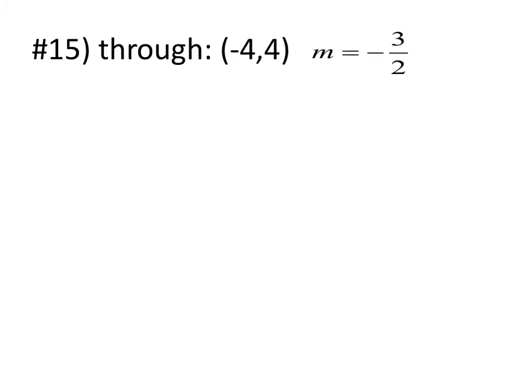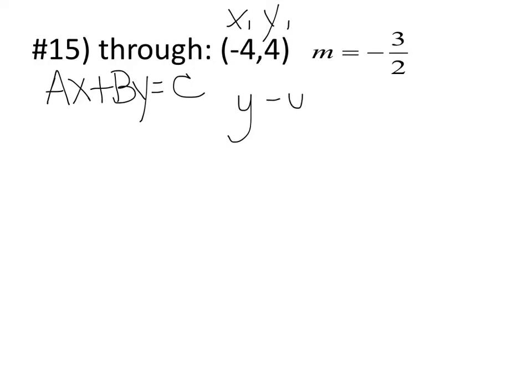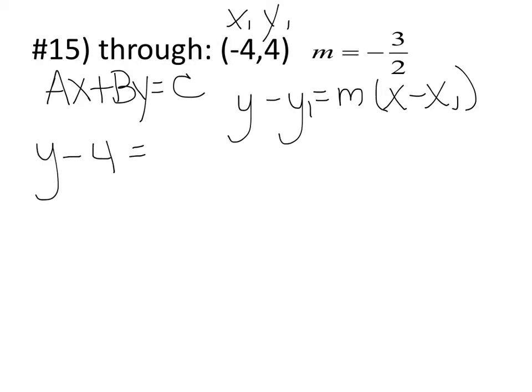All right, number 15, they want it in standard form, so I'm going to write ax plus by equals c. And they gave us a point and a slope, so I'm going to label x1, y1. And then remember, we plug into y minus y1 equals m times x minus x1, which is point slope form. So y minus 4 equals negative 3/2 x minus negative 4.